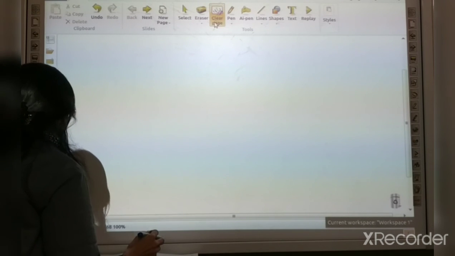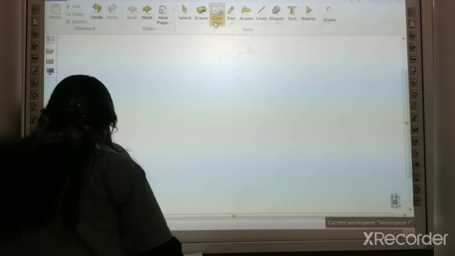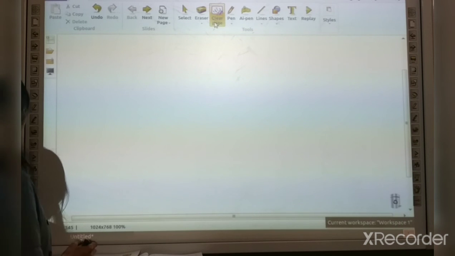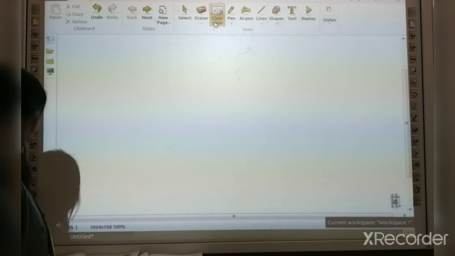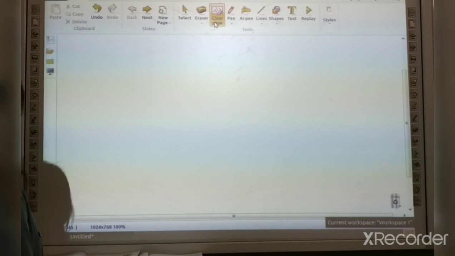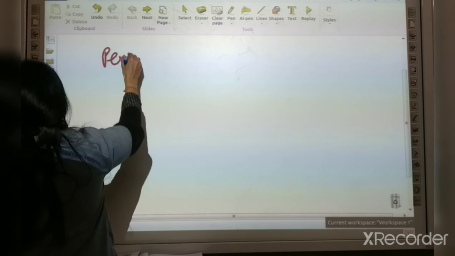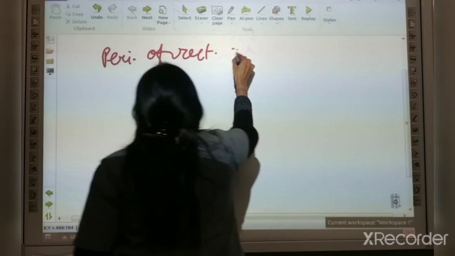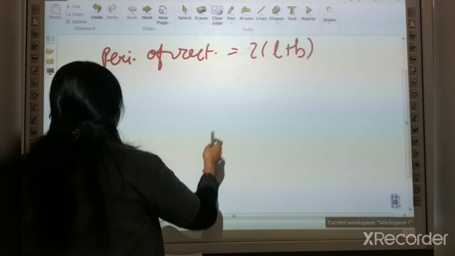Now in sum 4, a rectangle field of land is 60 meter long and width 45 meter. It has a fence all around, right? Find the length of fencing required. So you know very well perimeter of rectangle is equal to 2 into L plus B, right?